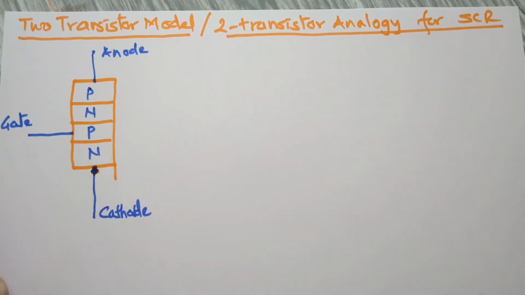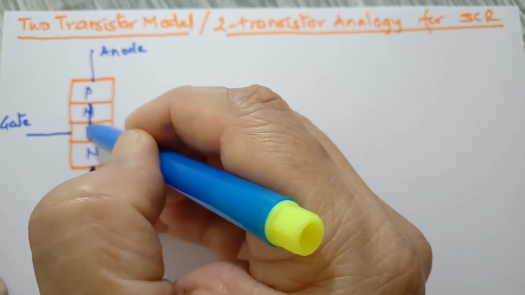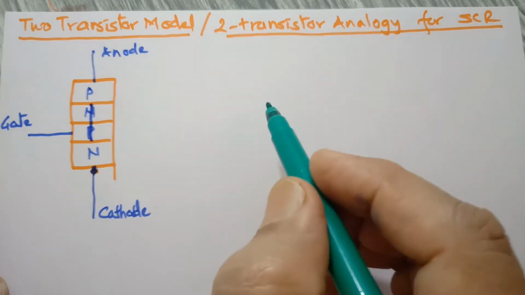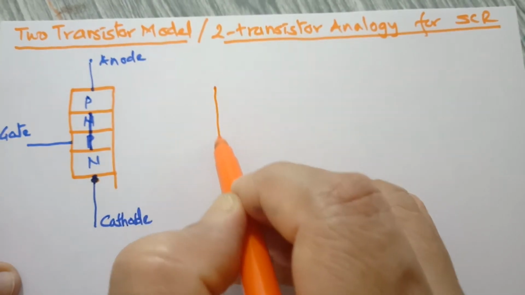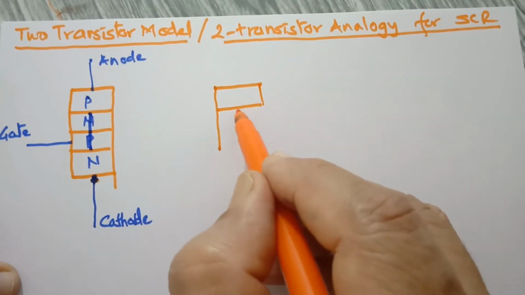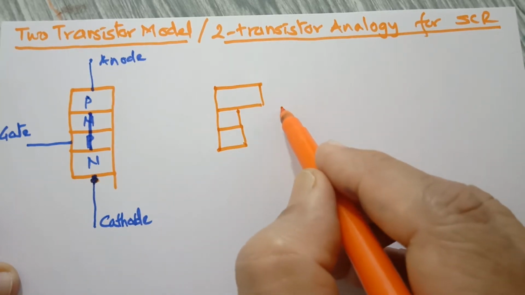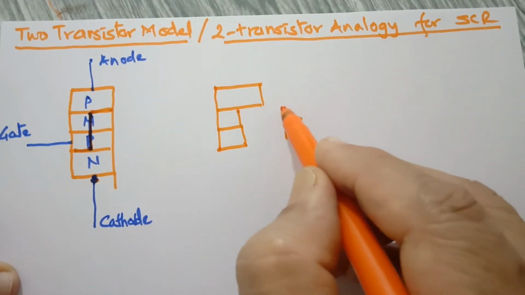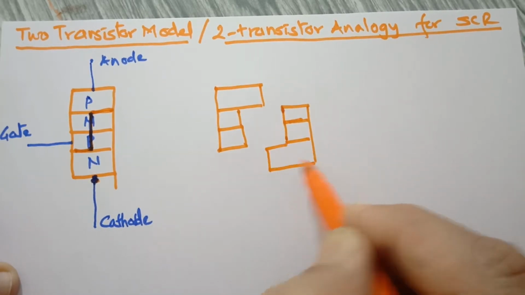Now let us cut this SCR in this way and redraw the structure. So how do we get it? I can draw it this way. We have this first P region, then the second N region and P region, and this last N region.